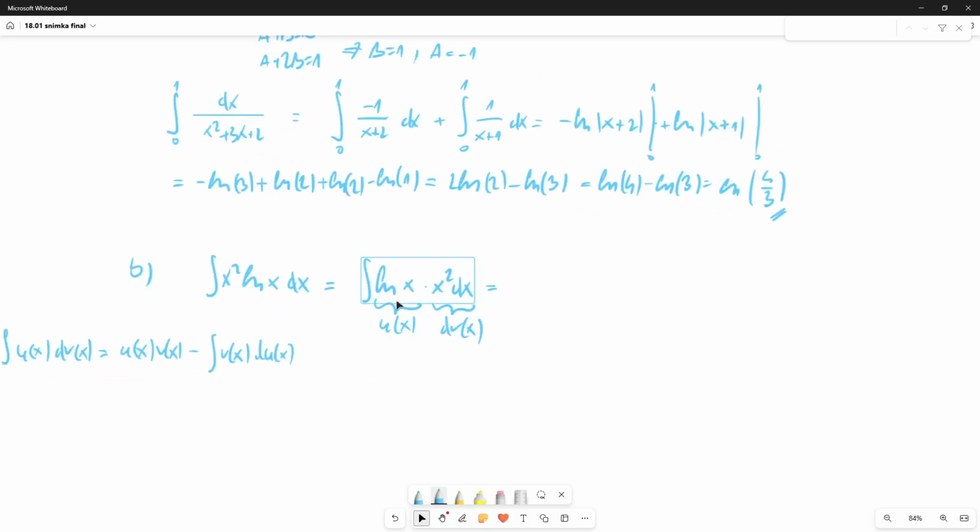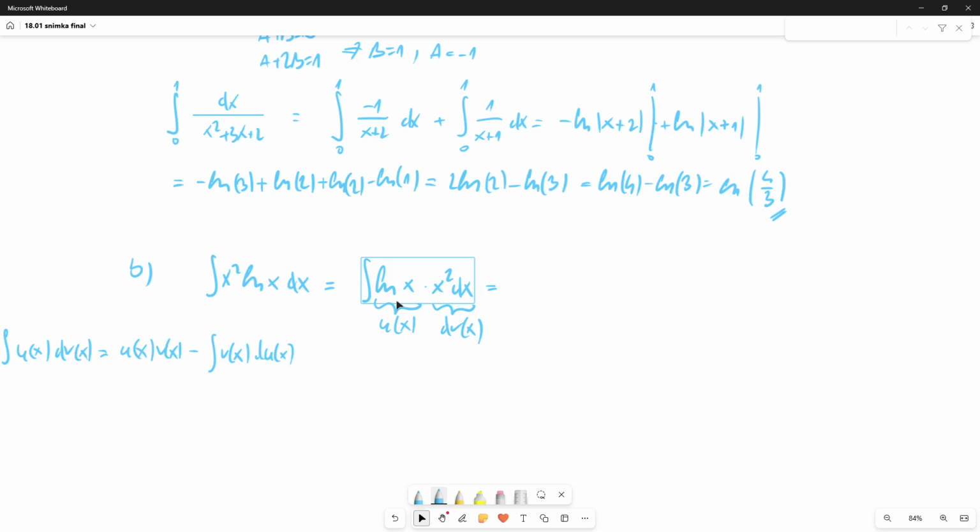As a rule, functions like ln of x, which are difficult to integrate, necessarily have to be u of x, because it's easy to differentiate them, but it's difficult to integrate them. U of x is the function which will be differentiated in this case.